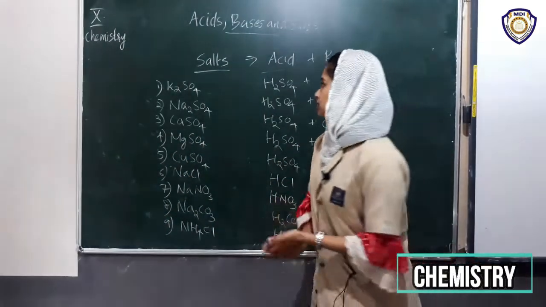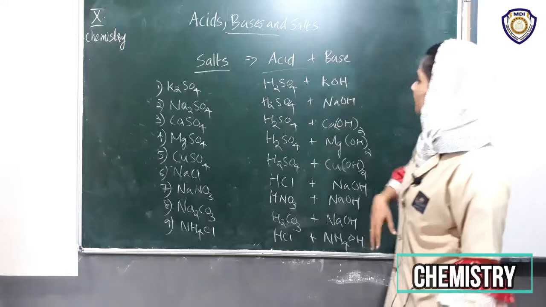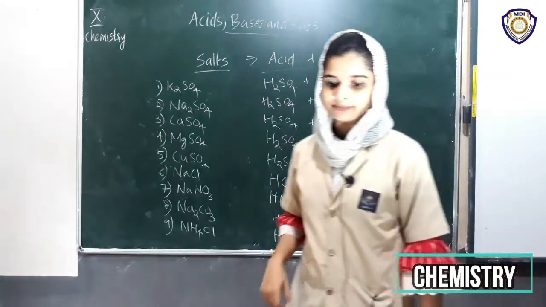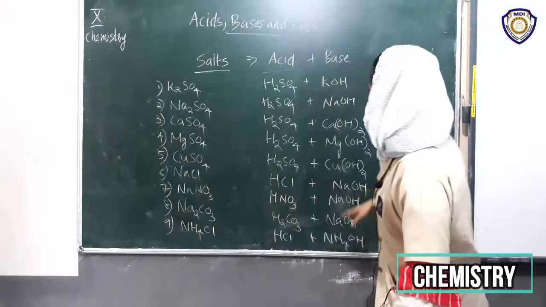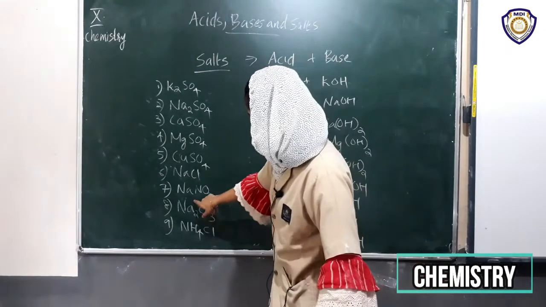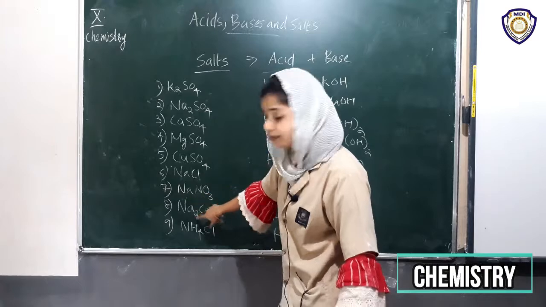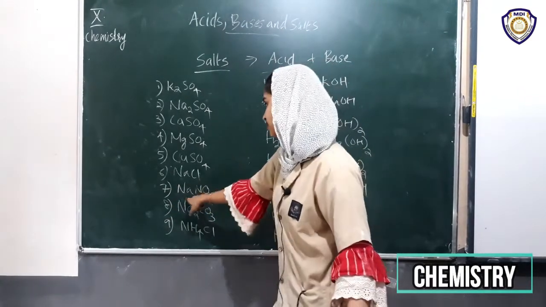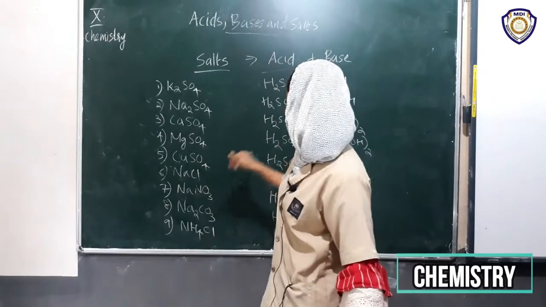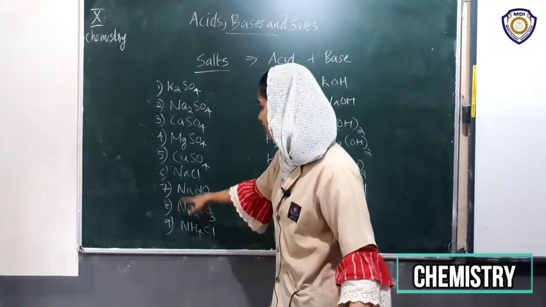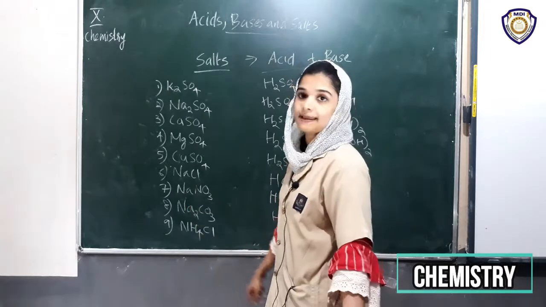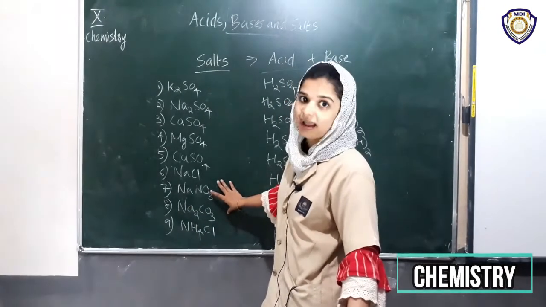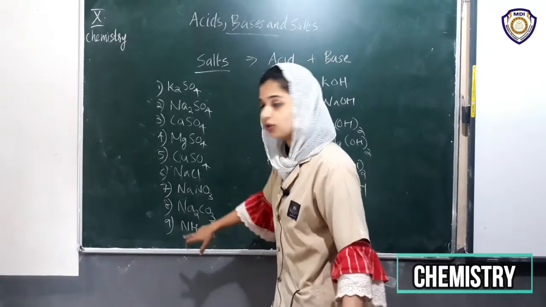These are the salts we get by adding acids and bases. In these salts, these two have the same positive radical. The first one is positive and the next one is negative radical. The positive radical came from bases and the negative radical came from acid. So in these two salts the positive radical is the same, so we can say these two salts are in the same family, the sodium family.